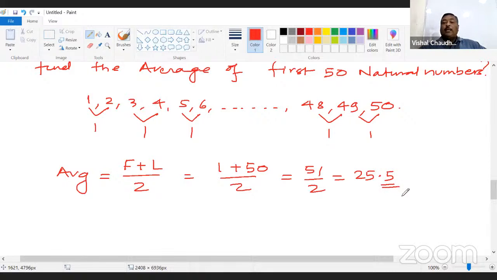Okay. Now let me give you another method. It is the sum of natural numbers. What is the formula for the sum of natural numbers? Do you know?